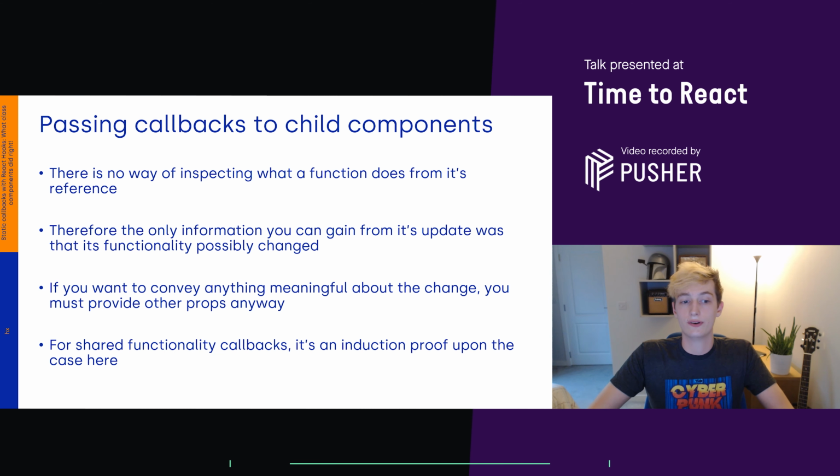The proof for the second case, the shared functionality callbacks, is really an induction proof upon this. You just have to say, if I don't care about a reference changing for a callback that I'm passing to a child, then that callback can be static, which means any function that it uses can have a static reference, as long as it uses the most up-to-date functionality. So those two are really easy.